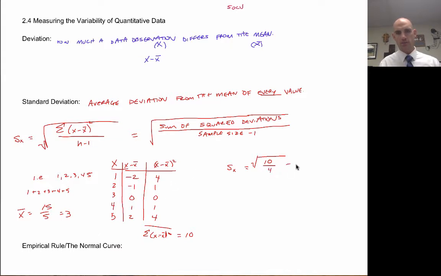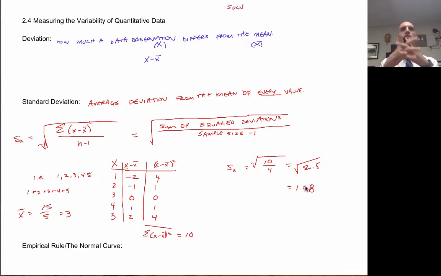So I'm actually going to have the square root of 2.5. Okay, so the square root of 2.5 is equal to 1.58. Thereabouts. So that's my standard deviation.